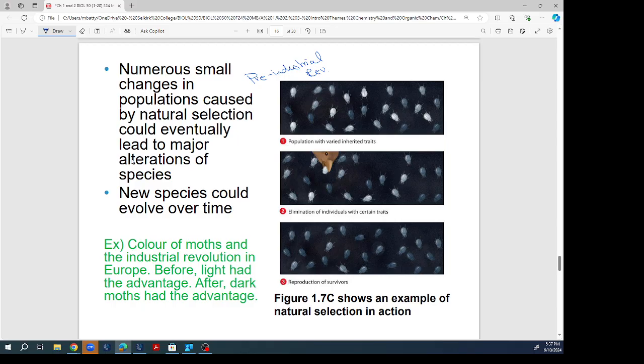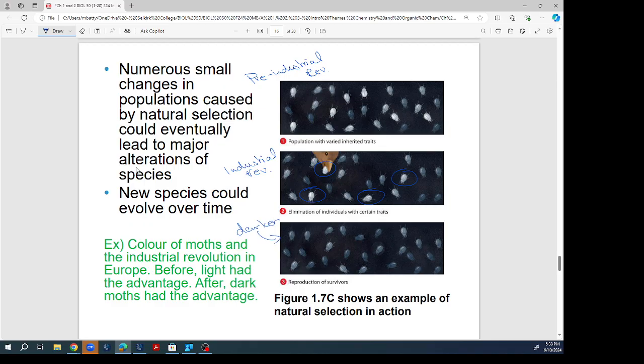And then with this is the Industrial Revolution. And in Europe, there was soot. The buildings got black. And so now, all of a sudden, those white bugs are going to be eaten more easily and more often. And what's going to result is a darker population of bugs.